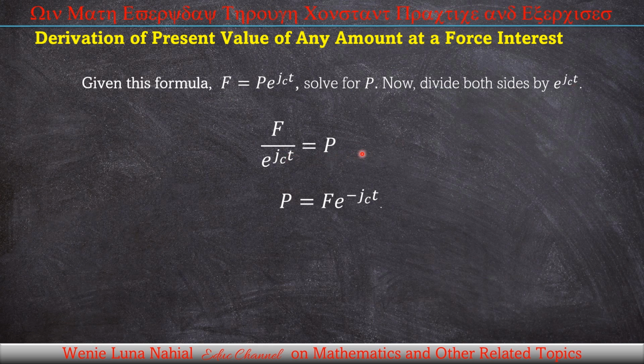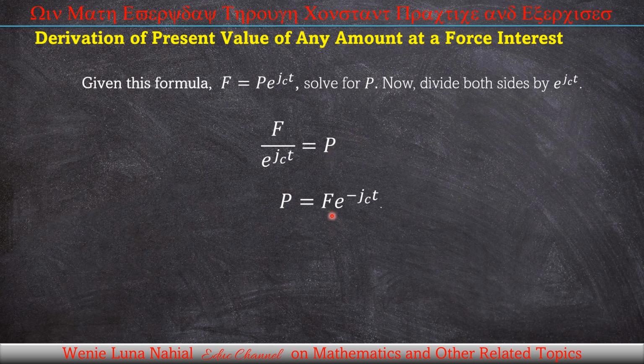So at the right side, only P remains because we cancelled already e raised to j sub c times t. Then, interchanging the terms, the term at the right is placed at the left, and the term at the left is placed at the right.